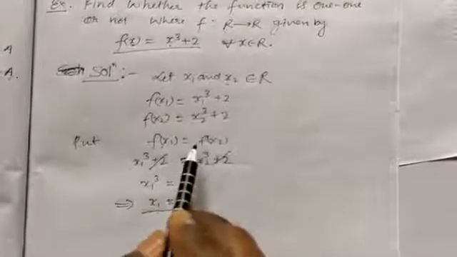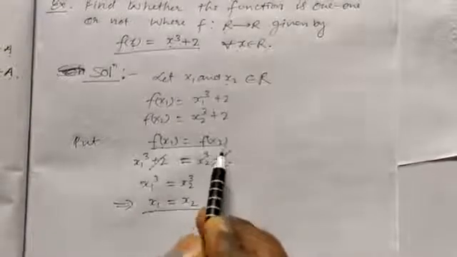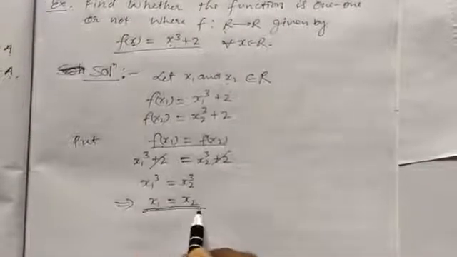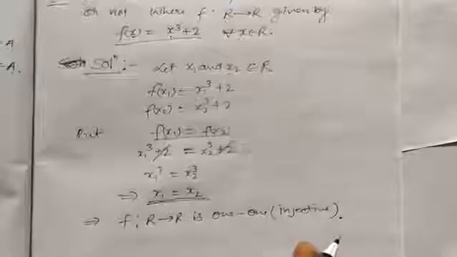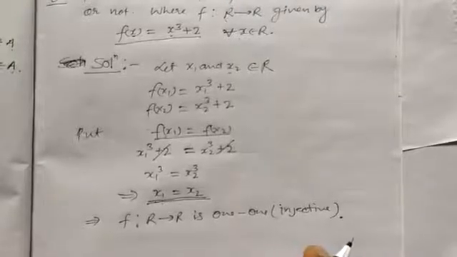Now if f(x1) equals f(x2) gives x1 equals x2, this implies f from R to R is a one-one or injective function. In this way your solution is completed here.